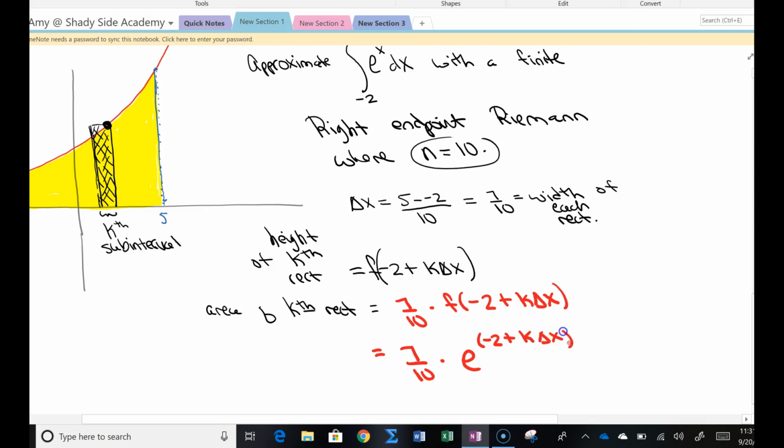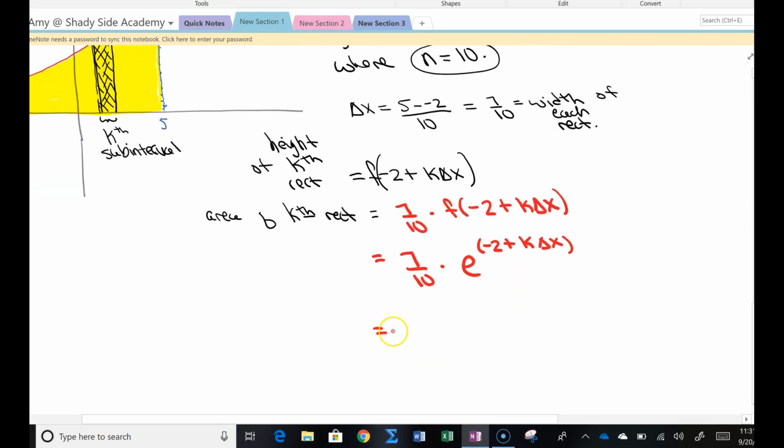And I'm going to clean it up even further. I get 7/10 times e to the negative 2 plus 7k over 10. Everyone okay? That's the area of the kth rectangle.